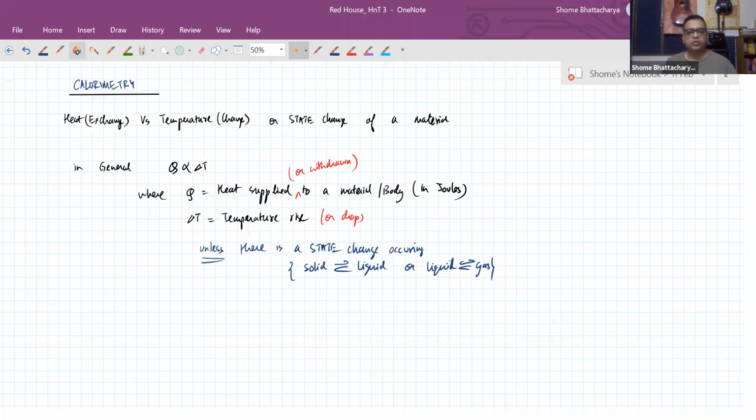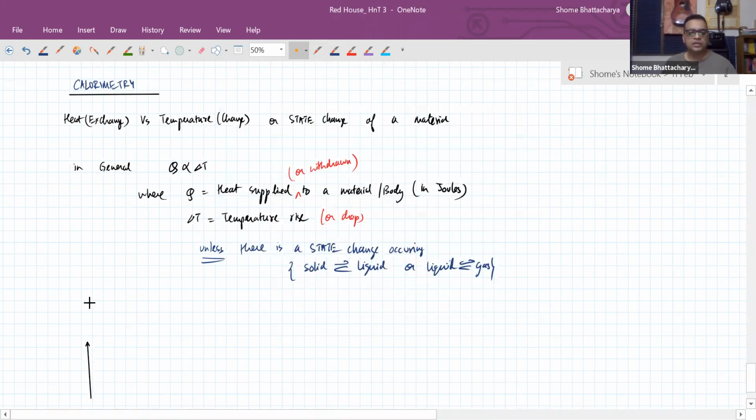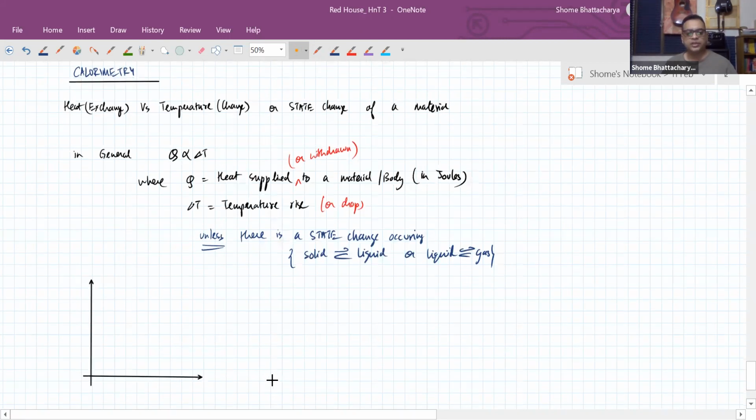So to understand this in more mathematical depth, we will just think of a situation where we are looking at the temperature change with respect to heat supplied. Or let's say we are just measuring the temperature of a material versus heat supplied. So Q is heat supplied and T is the temperature. Okay.